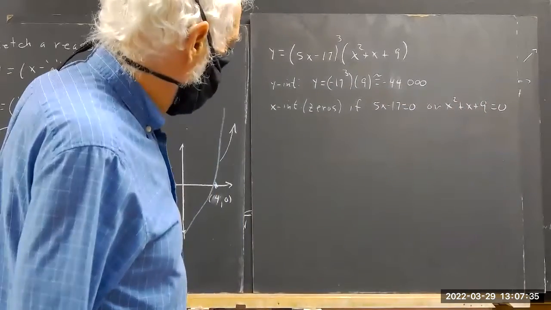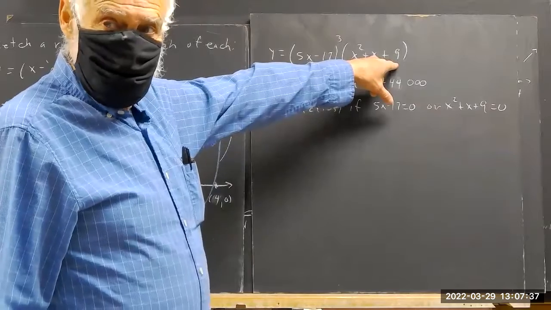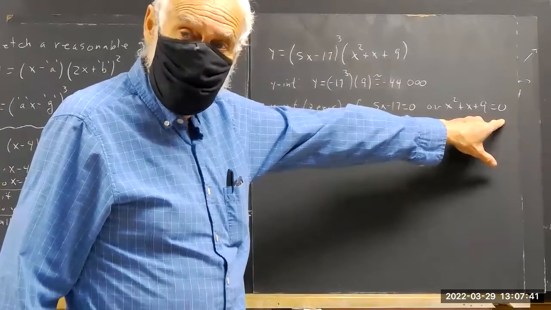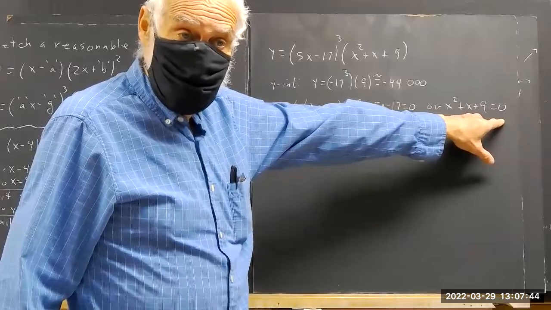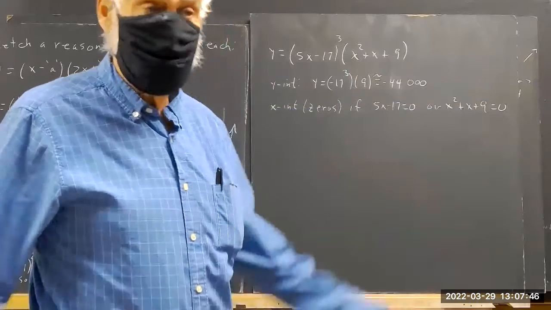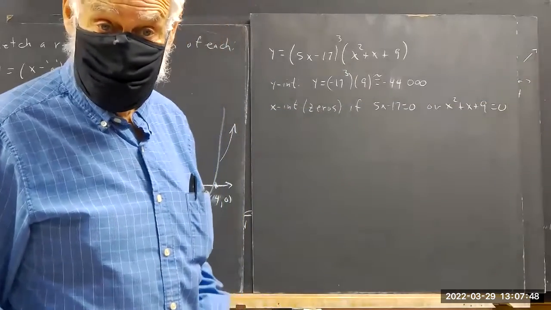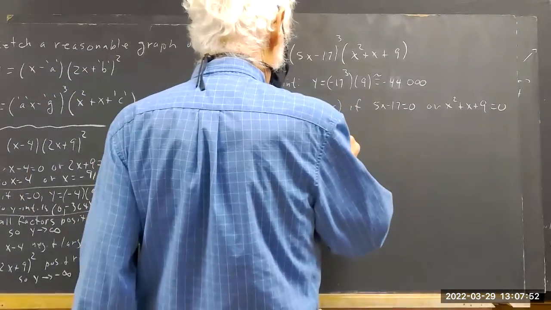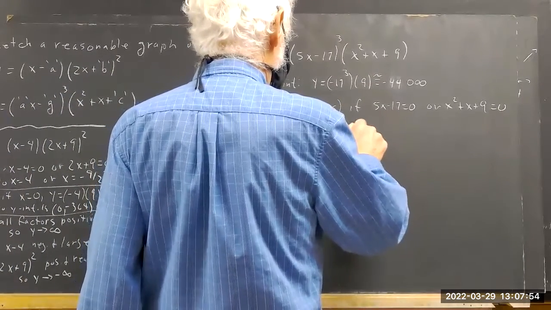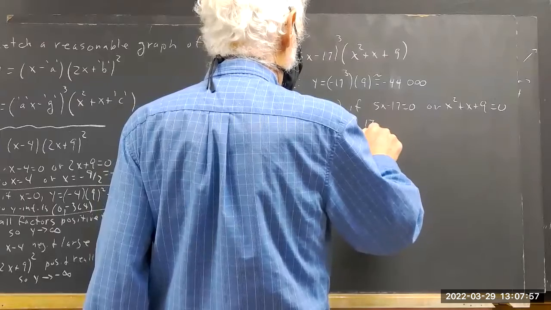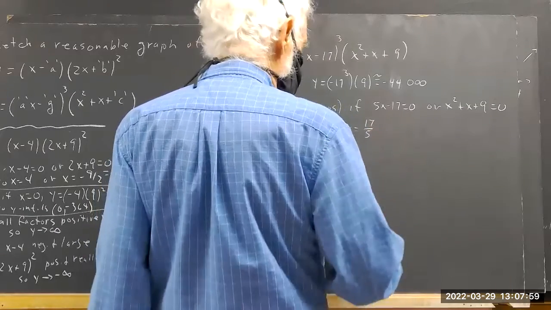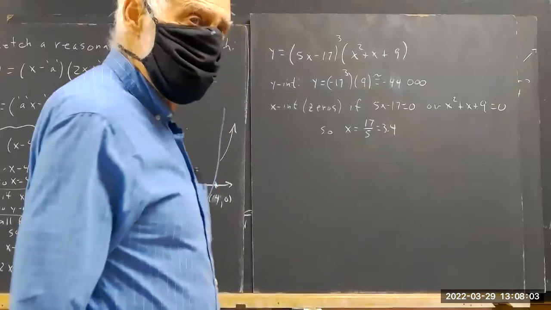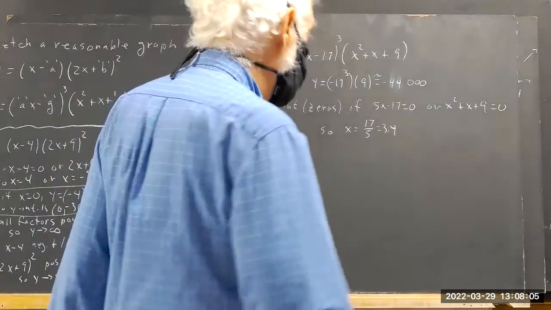Okay, there we have it. Now, whatever you have here, if you solve this equation using the quadratic formula, you're going to find that you get a negative under the square root, so there aren't going to be any zeros. Okay. X is 17/5. You want to do that in decimal form, be 3.4 or 3 2/5.